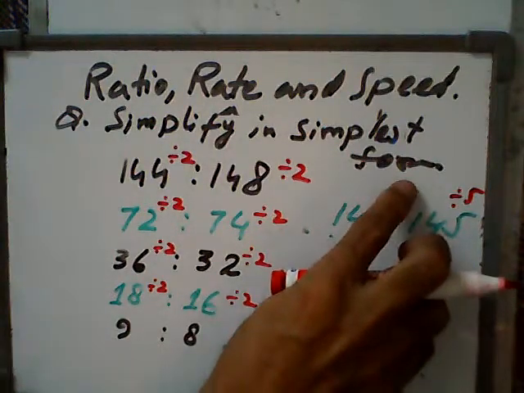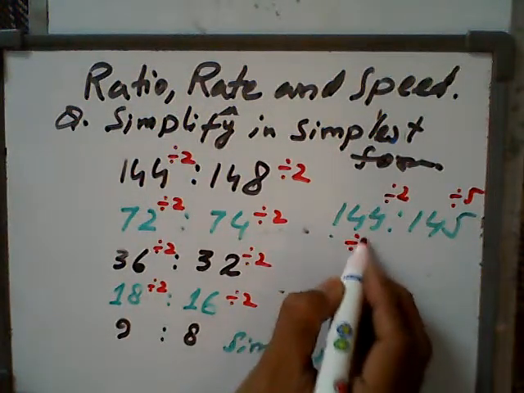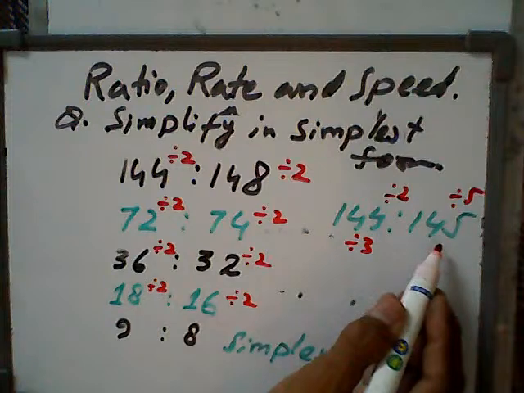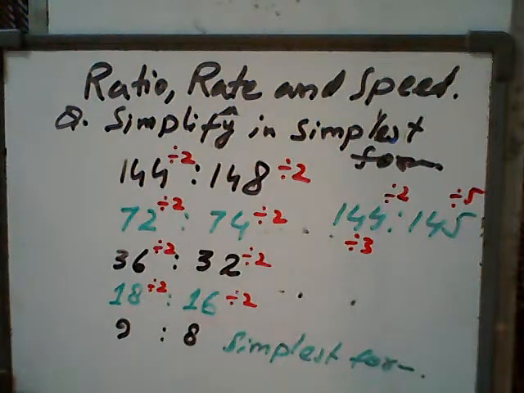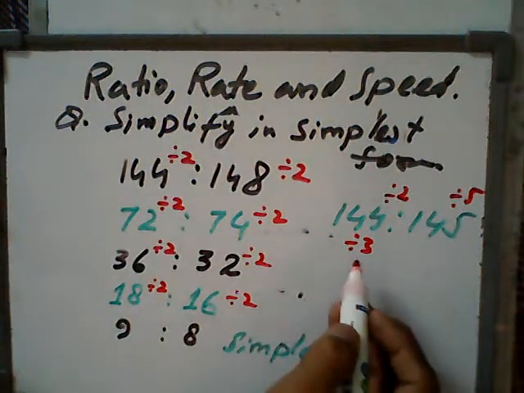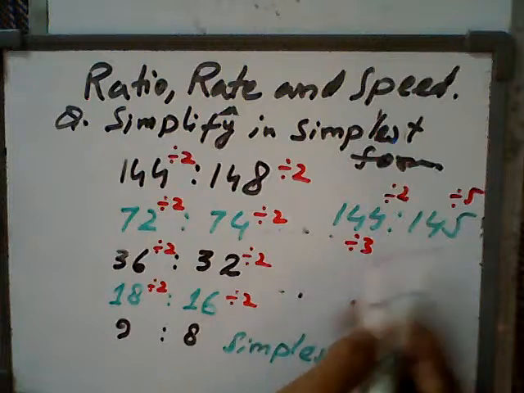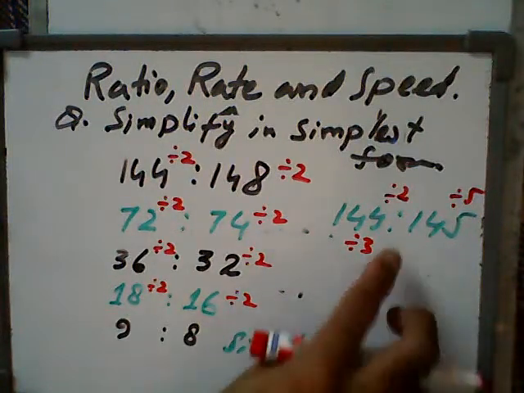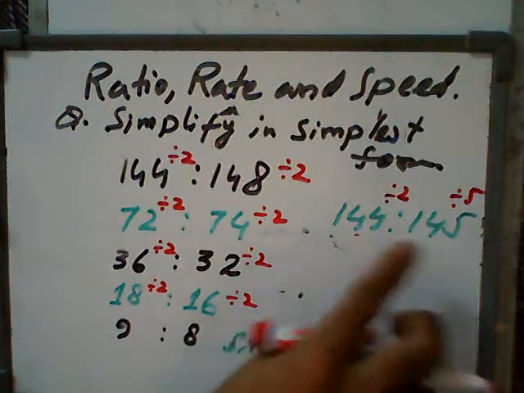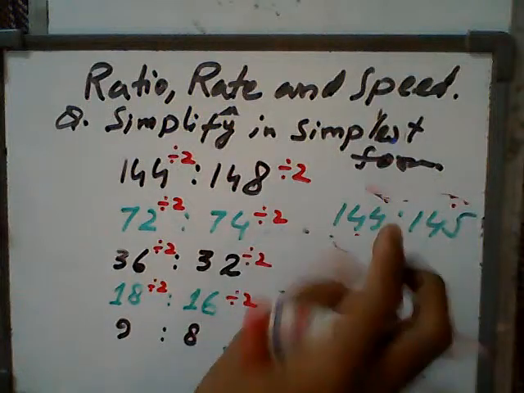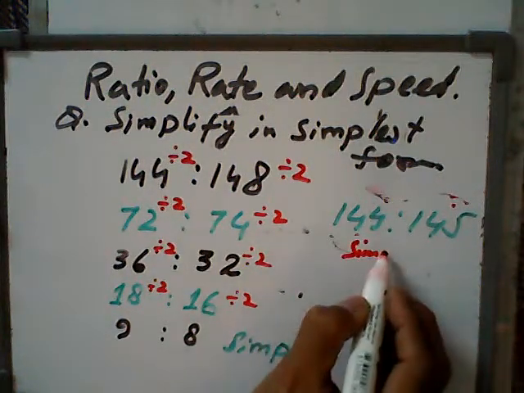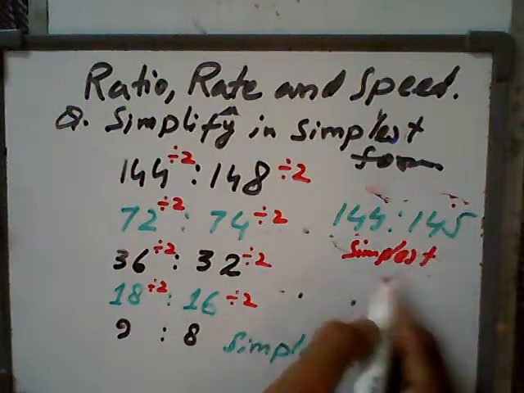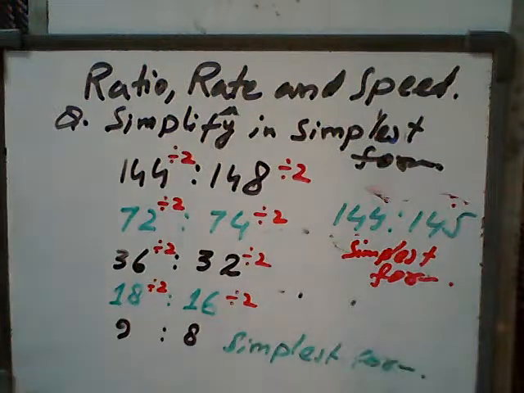This could be simplified in the table of 3 as well, but this cannot be simplified in the table of 3. So we can't simplify with the same numbers, so this is already the simplest form, because it cannot be simplified further.